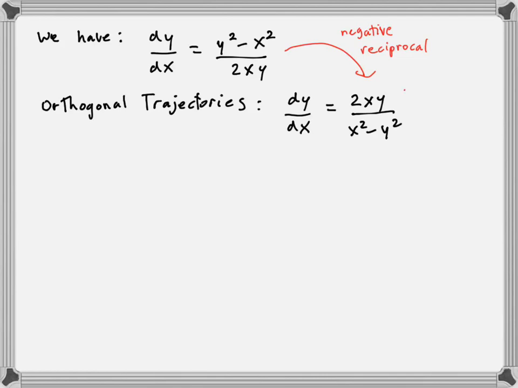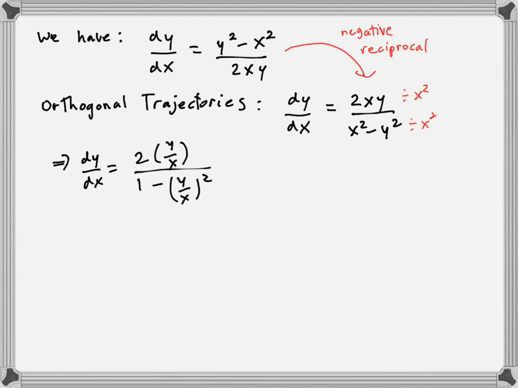This is actually homogeneous of degree 0, and we can figure that out by dividing by x squared, top and bottom. We end up with dy dx is equal to 2 times y over x over 1 minus y over x squared. Okay, so homogeneous of degree 0. So we're going to do our substitution like last time.